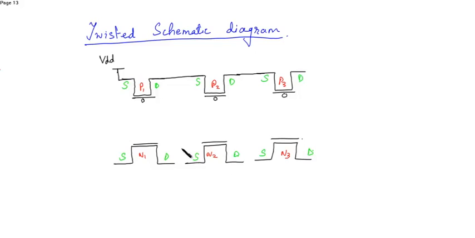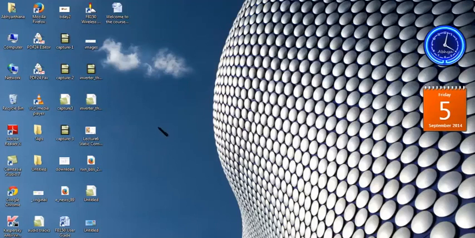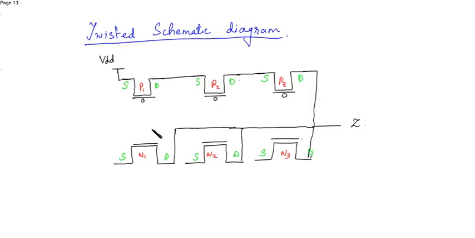Now all the 3 drains of the NMOS are connected, finally connected with this drain, and this is the final output Z. All these are connected, and this is the output Z. Now all the sources are connected to ground.